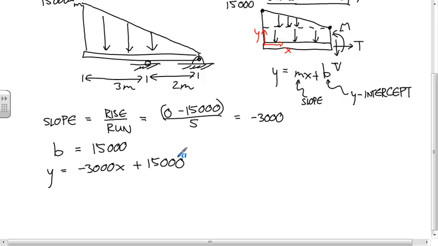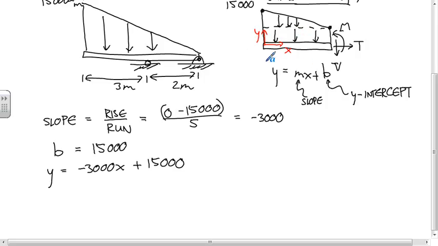And now notice that this is the equation of the line for whatever x. If x is equal to 0, it gives you 15,000. If it's equal to 1, it gives you 12,000.